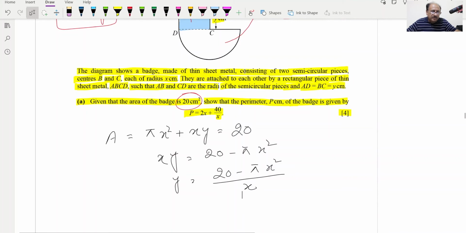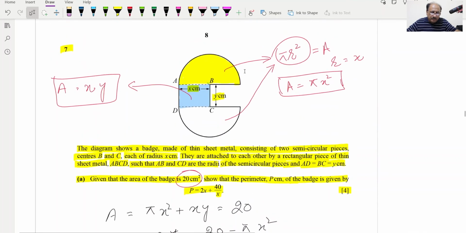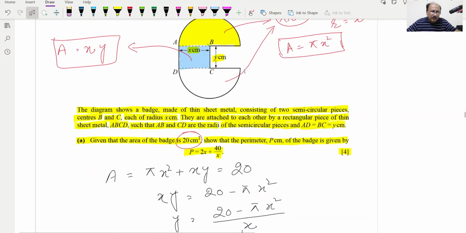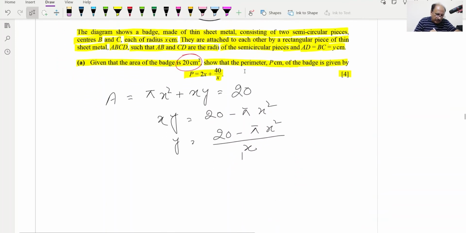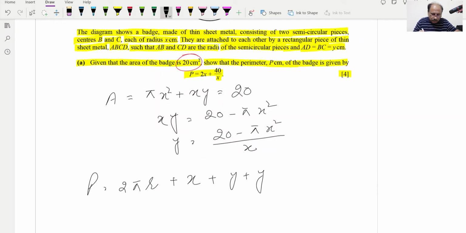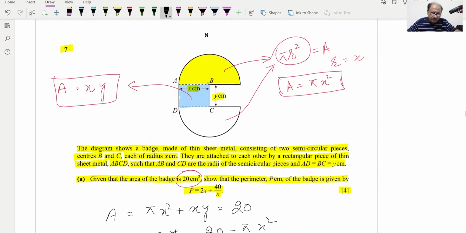Now for the perimeter, what we will be doing? For the perimeter of the shape, we have 2 pi r for the complete circle. So perimeter will be equal to 2 pi r plus x plus x plus y plus y. So two x sides and two y sides for this rectangle.